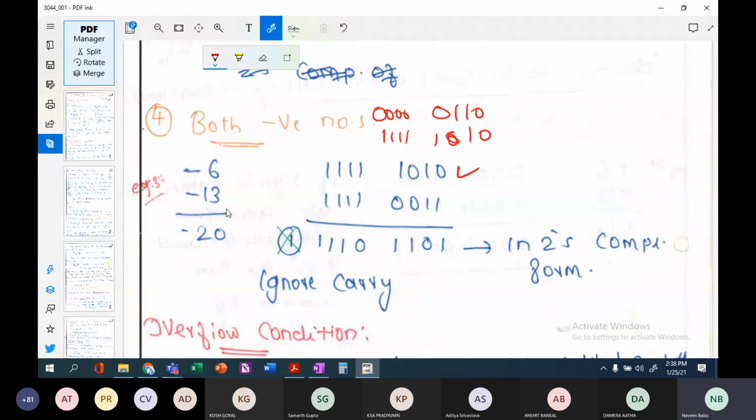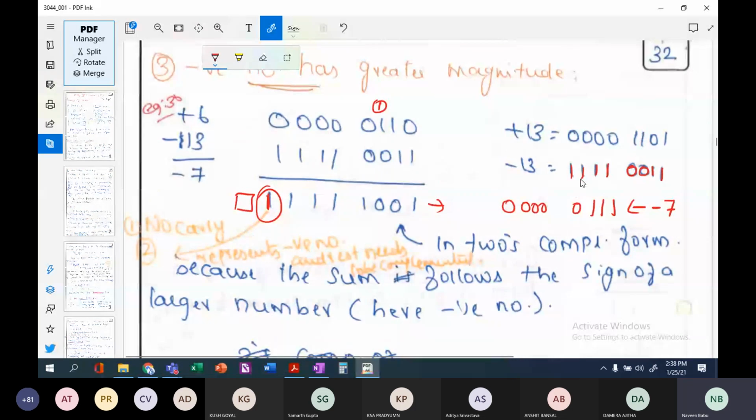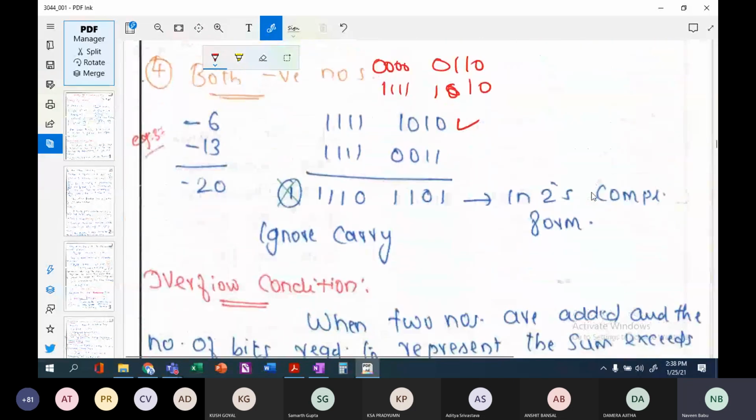Similarly, for -13, I follow the same process. It is 1 1 1 1 0 0 1 1, which is -13. Now you add these two things. When you add, this is 1. So 1 represents that your answer is negative. You are getting a carry, indicating that you need not perform the further complementing process. If there is no carry here, then you must complement this further.